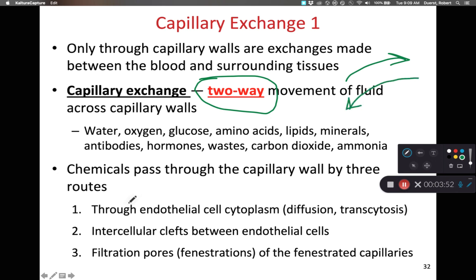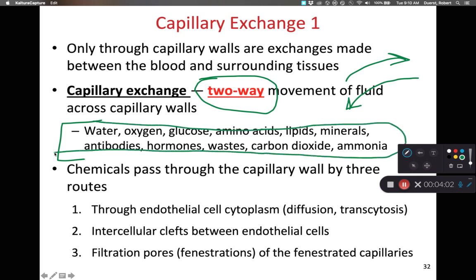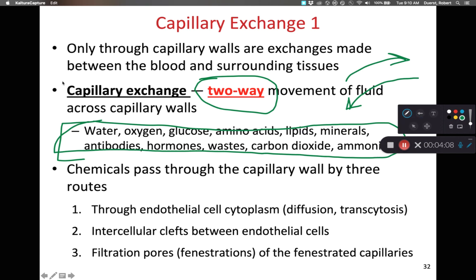So as we look at these things that we move around through our capillaries, they include water, oxygen, glucose, amino acids, lipids, minerals. You get the idea. Lots of different things are moved around either into or out of our capillaries depending on concentration gradients and pressure gradients. And these different chemicals can get in through the capillary wall three different ways.